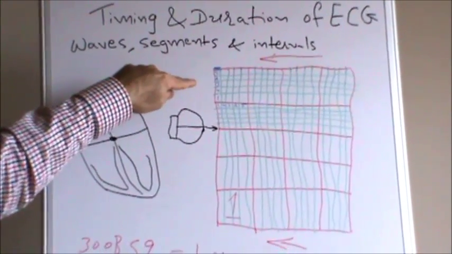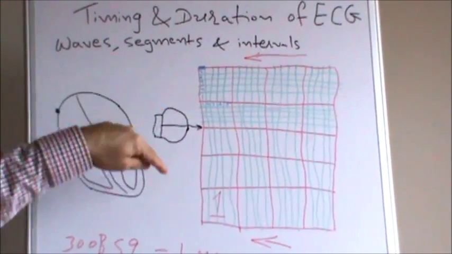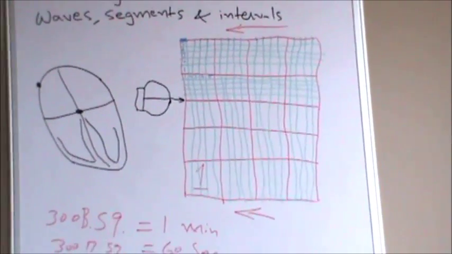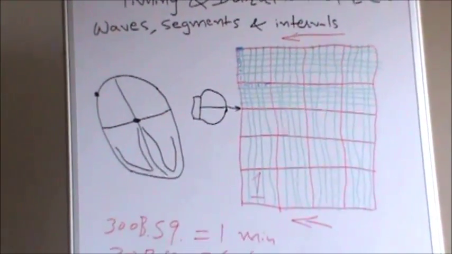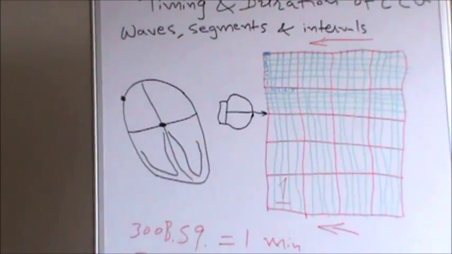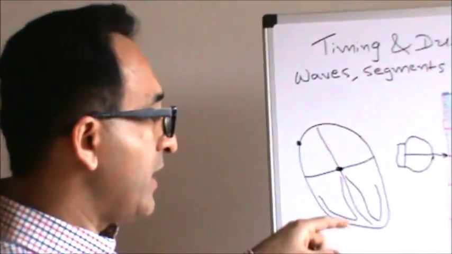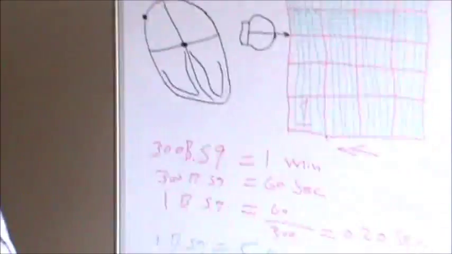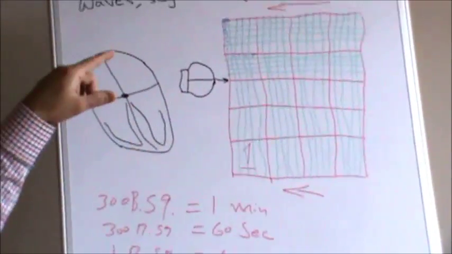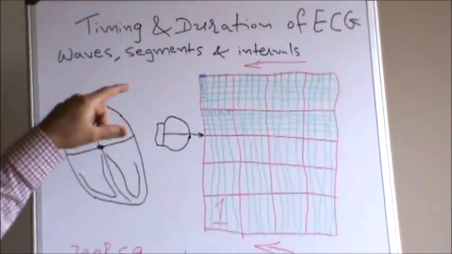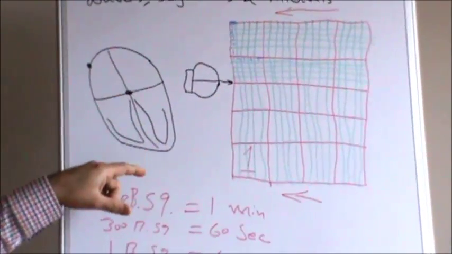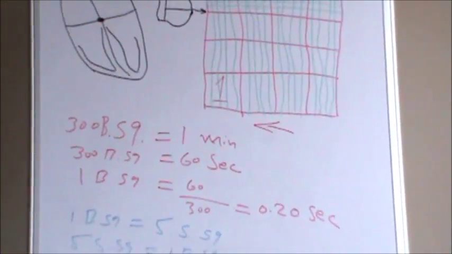One small square equals 0.04 second. Simple. Does it make sense? So when you look at the ECG tracing, when you see the small square, it equates to 0.04 second. When you look at the ECG tracing and you see 1 big square, it equates to 0.20 seconds.